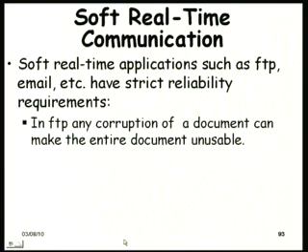Okay, let us contrast first the definition of a real-time communication with a traditional communication. Let us look at a traditional application like FTP, email, etc. We know that they have reliability requirement, isn't it? If you do an FTP or email and on the other side you receive a corrupted document, nobody will accept that, isn't it?